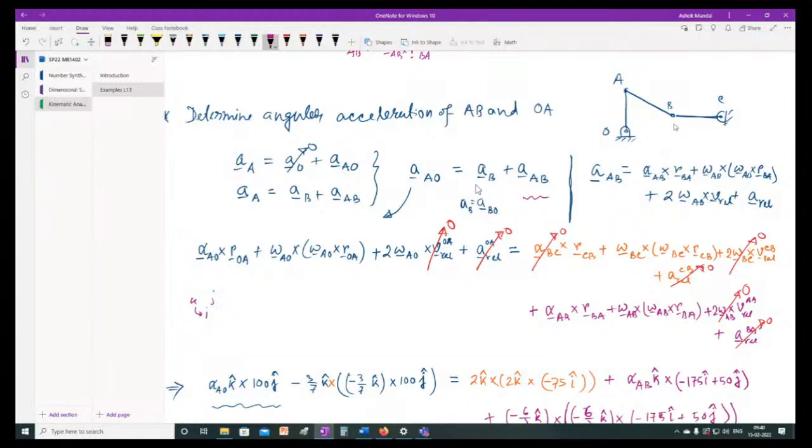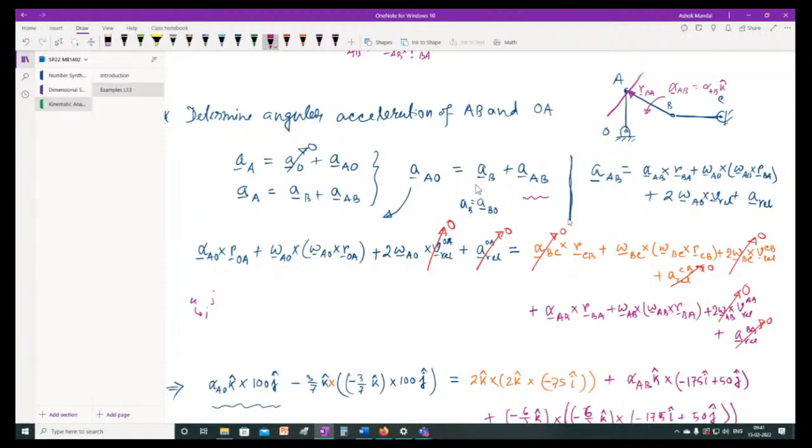Your RBA is in this direction, and we have taken alpha AB in this direction. If it is a vector, you can say alpha AB in the K. This is how it is written. Now if you do cross multiplication, what is the direction? The direction of that cross multiplication is this, right? Perpendicular to R. Yes?